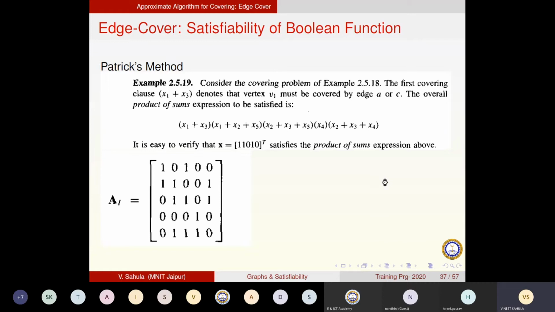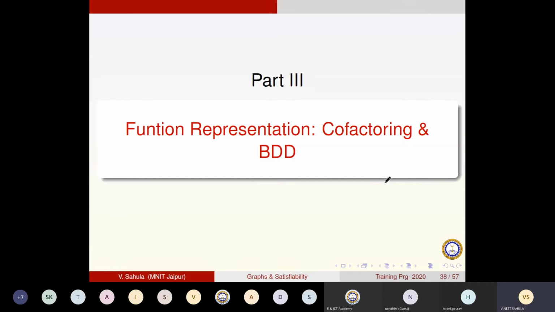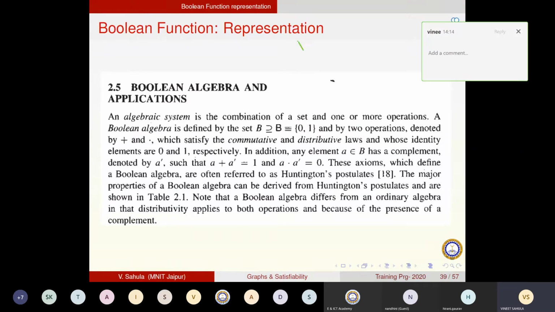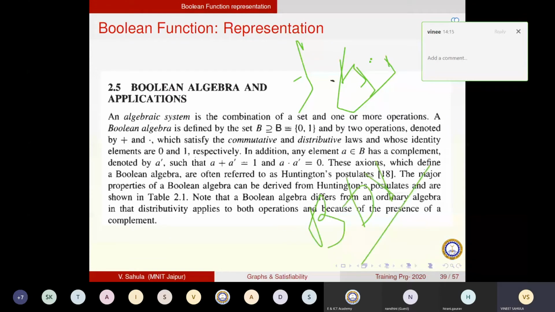So let me complete, because I don't think I can go ahead with many of the things. I will just introduce you to another representation of a Boolean function, which is a binary decision diagram on variables. BDD on function variables. Say the function is a function of variables A, B, C. So we'll draw a binary decision diagram on A, B, C. And we'll see that this BDD is canonical.